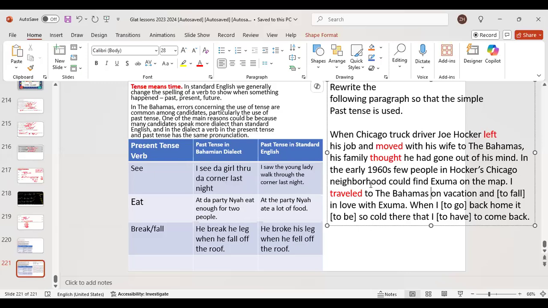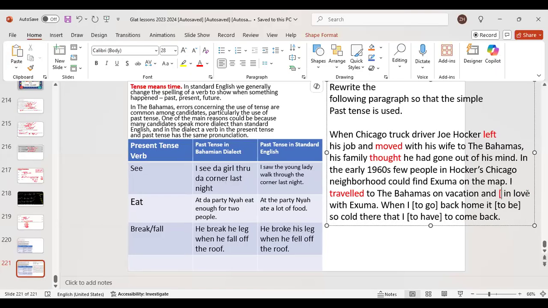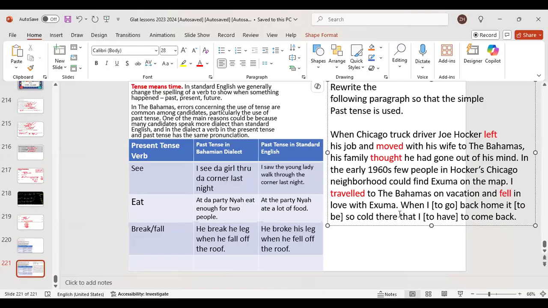No, it's two L's. On vacation, to fall: fell. Fell in love with Exuma.